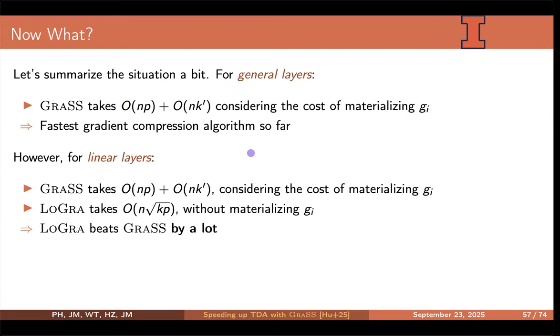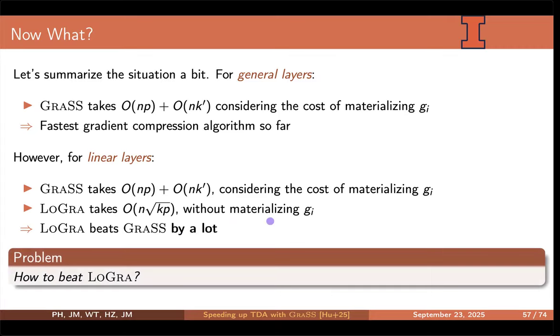However, for linear layers, GraSS will take O(np), which is the cost of materializing GIL, plus this O(nk'). But LoGra takes only O(n square root of kp) without this O(np) corresponding to materializing GIL. So overall, LoGra beats GraSS by a lot for linear layers.